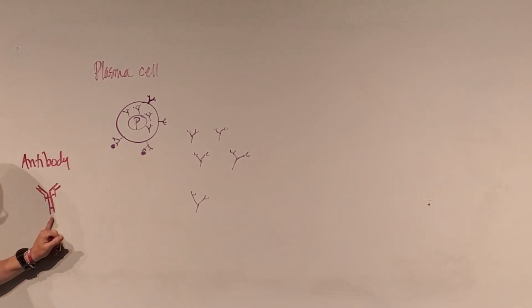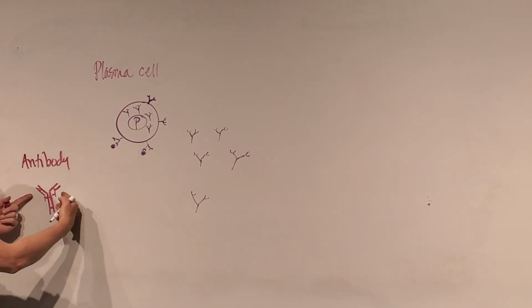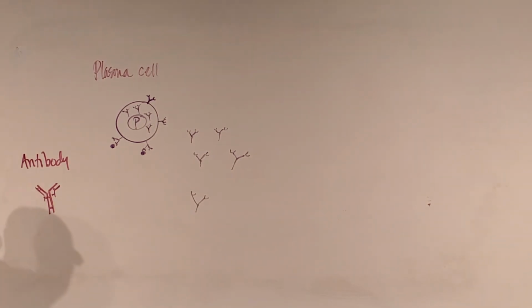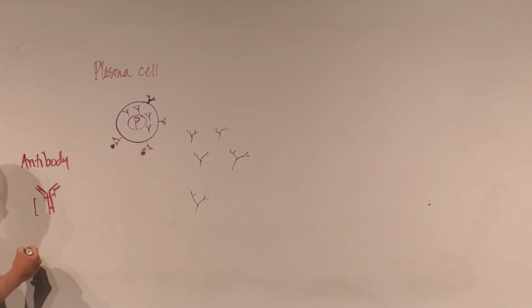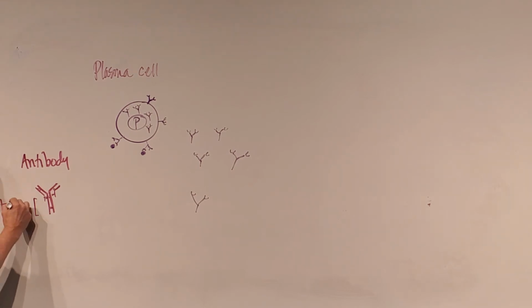So we call these the heavy chains because they're bigger and heavier, and these are called the light chains because they're smaller and lighter. And it turns out that most of this molecule is called the constant region. In the constant region, the amino acid sequence does not vary from one to the other. Okay?